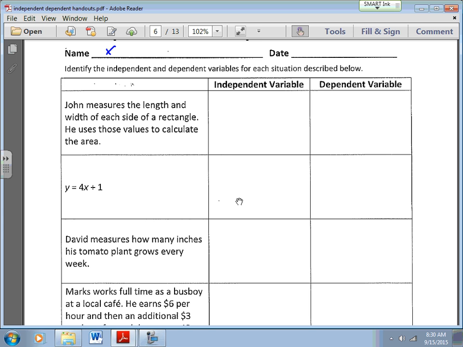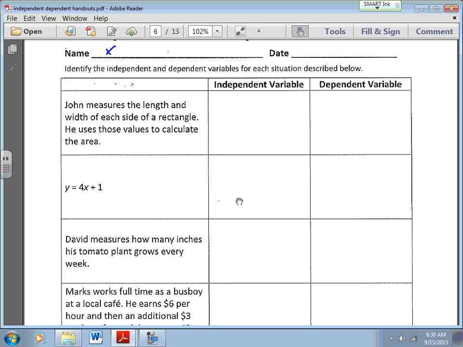John measures the length and the width of each side of the rectangle. So I want you to picture right now, you're measuring the length and the width of each side of a rectangle. He uses those values to calculate the area. So one of the things is calculating the area. The other thing is measuring the length and the width. So which one do you think depends on the other?